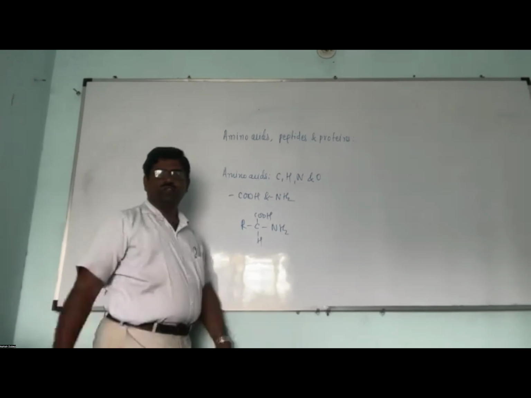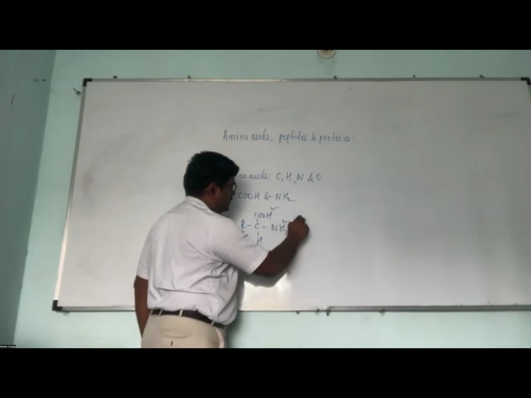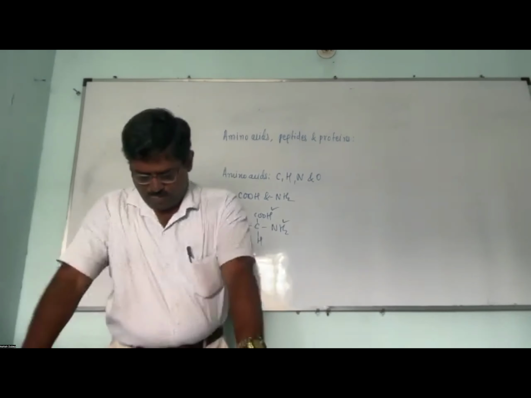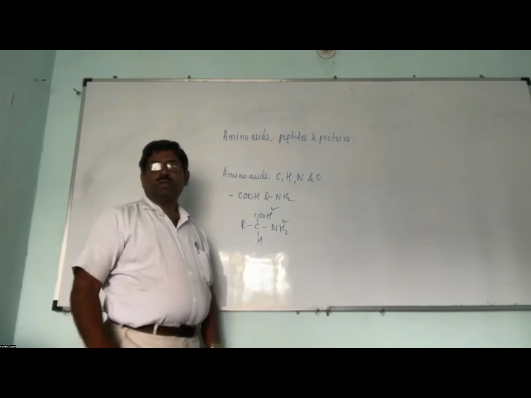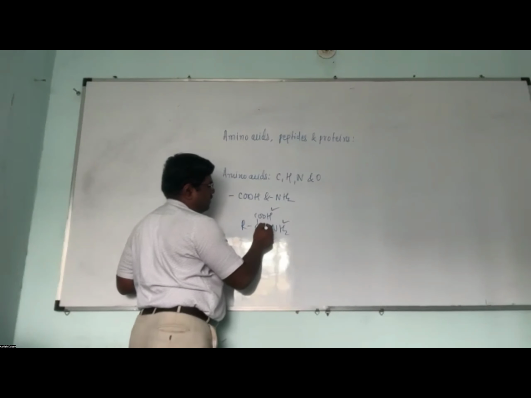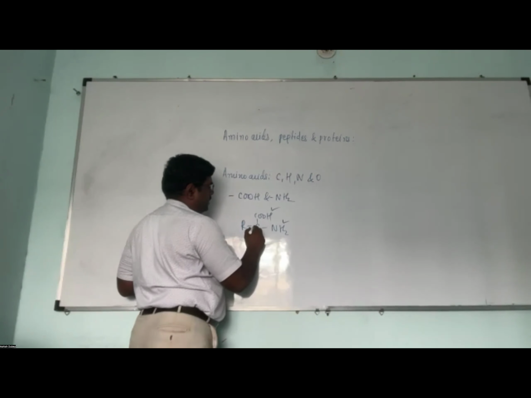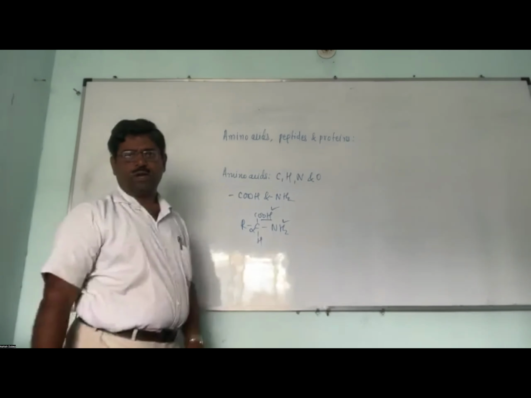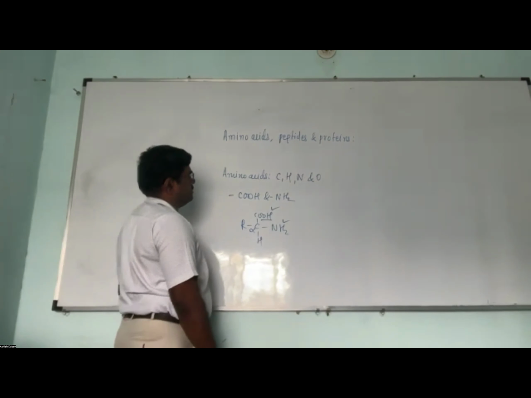That is, they consist of a carboxylic functional group as well as an amino functional group. Depending on the relative position of the acid with respect to the amino group, when the amino group is attached to the alpha carbon, it is called an alpha amino acid.